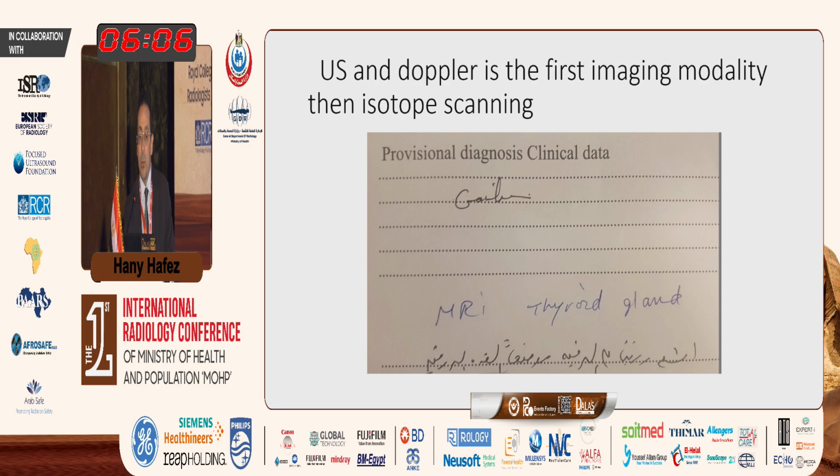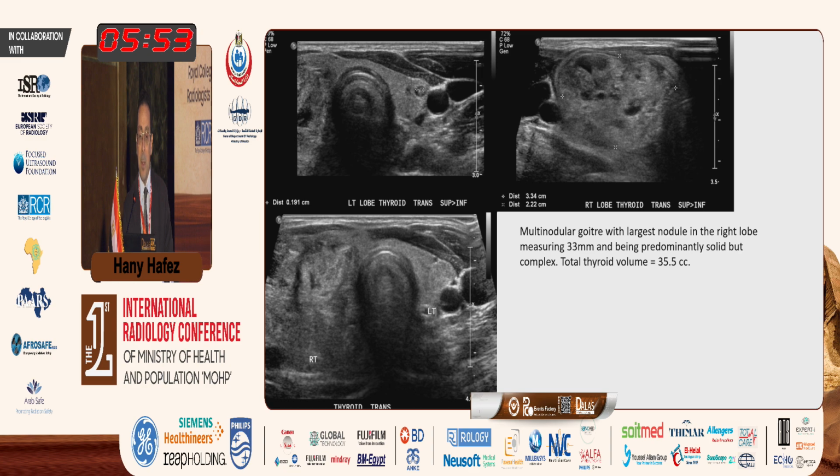The first imaging modality in thyroid is not, of course, MRI. It is ultrasound and Doppler, and after that we could shift to isotope scanning. That's ultrasound, which is very accurate in assessing cystic and solid lesions of the thyroid gland.